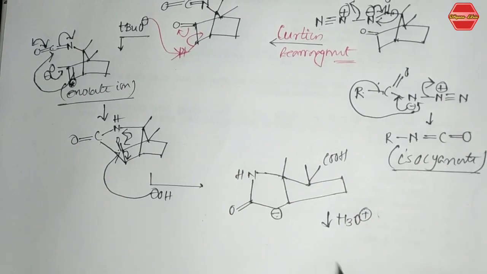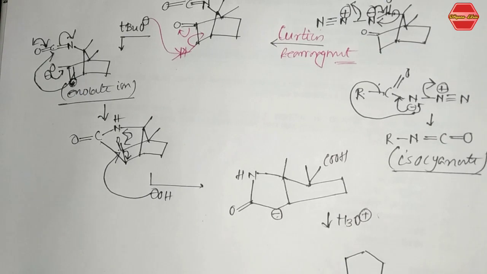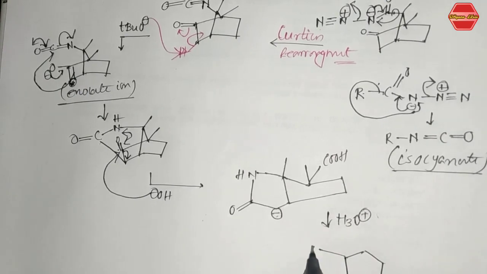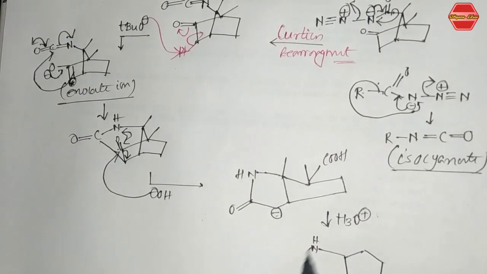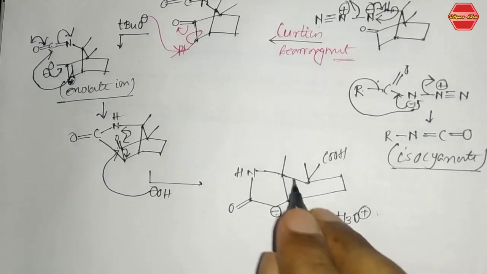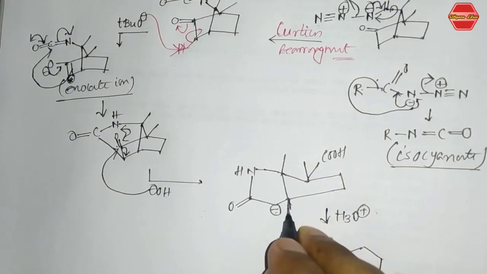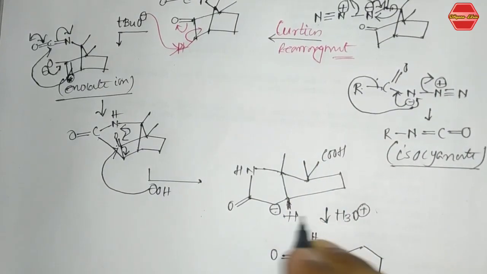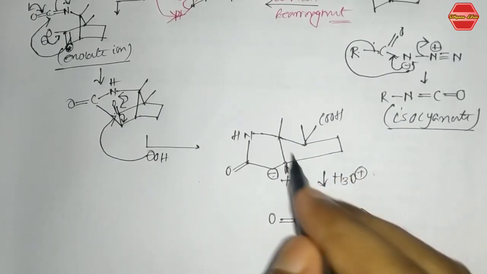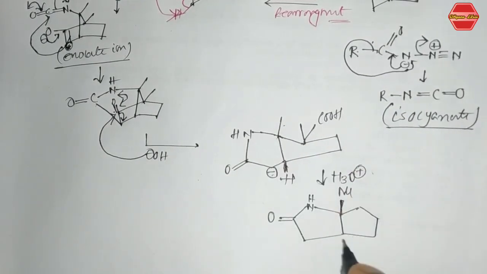Now from here we get this one, and you have the NH, the double bond. So now this is in the upside, and here you have the hydrogen, which is also in the upside. Then this methyl and hydrogen, the junction of this position, is in the upside.